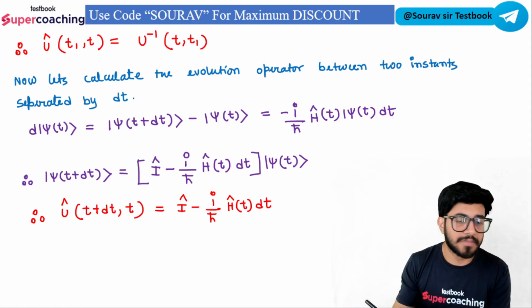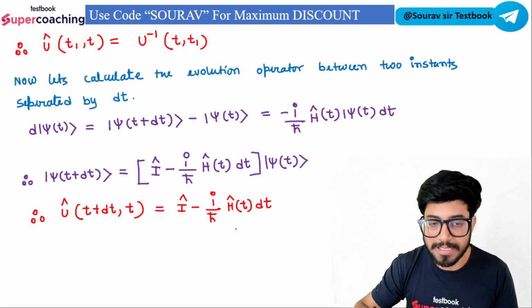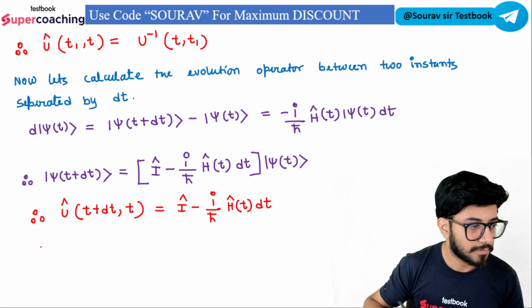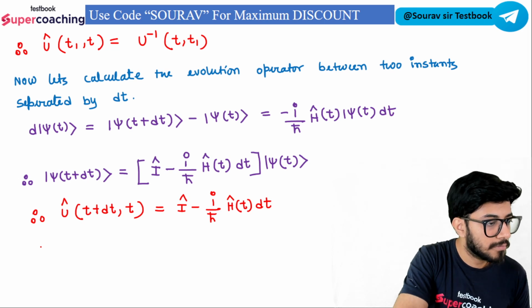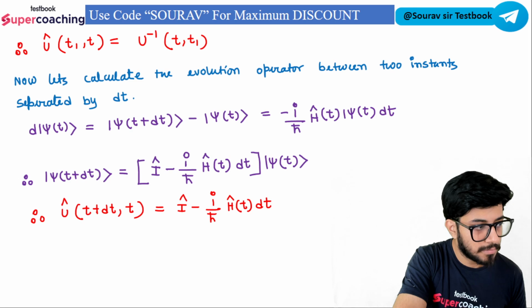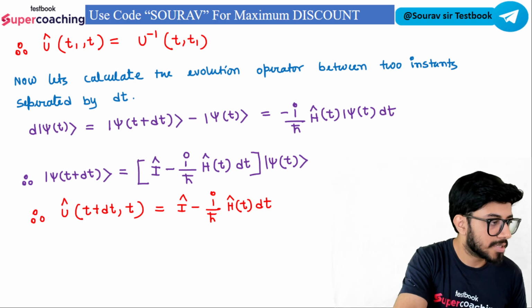In case of conservative system, we know the Hamiltonian does not depend explicitly on time, and then you can integrate it. You can simply integrate. And by integrating, you can just write it down.